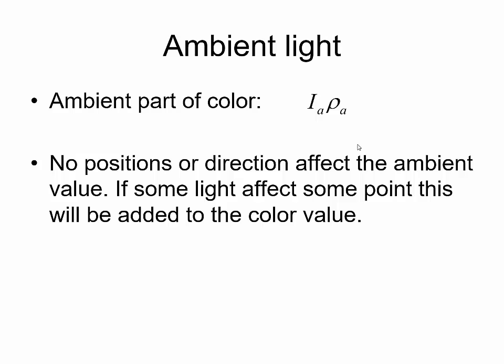And finally the ambient part, which is simply the ambient intensity times the ambient value of the material added up. And this is mainly so that the lighting doesn't get too strong or too rough.